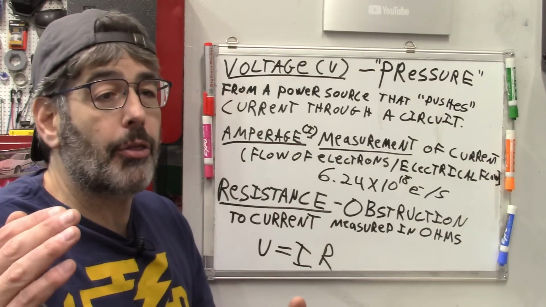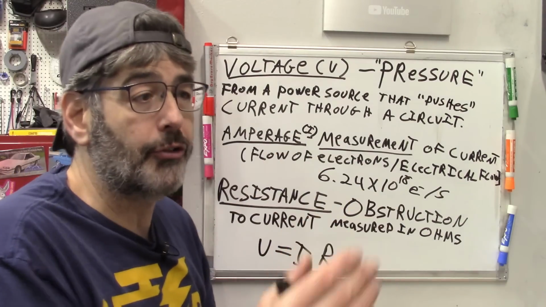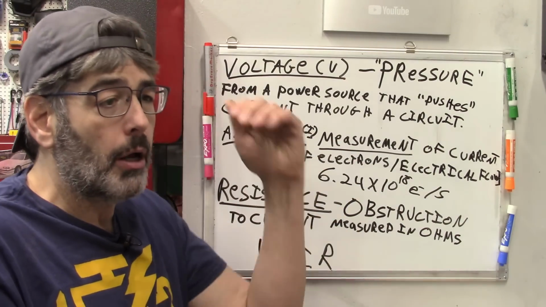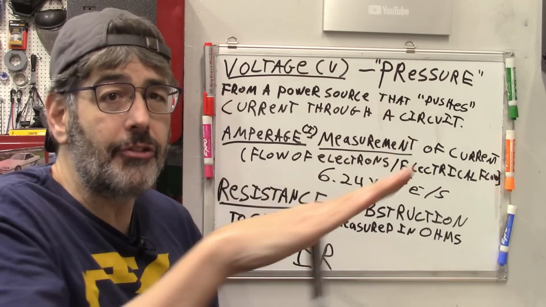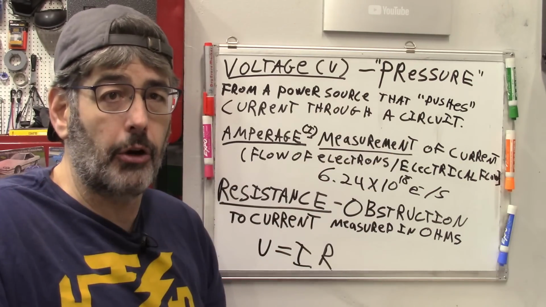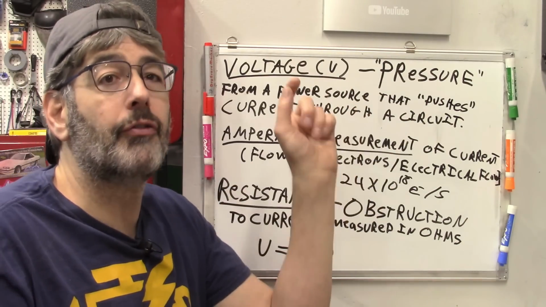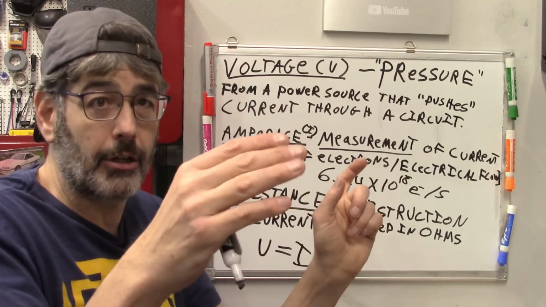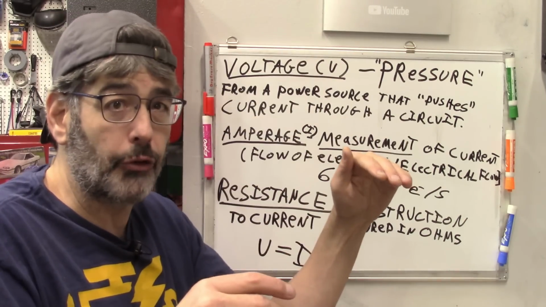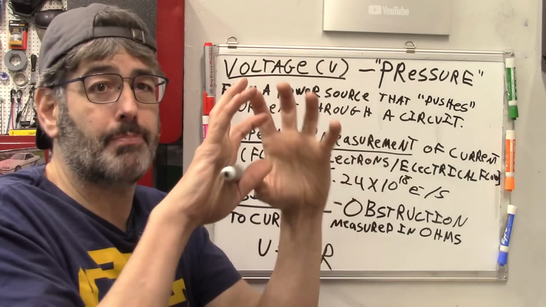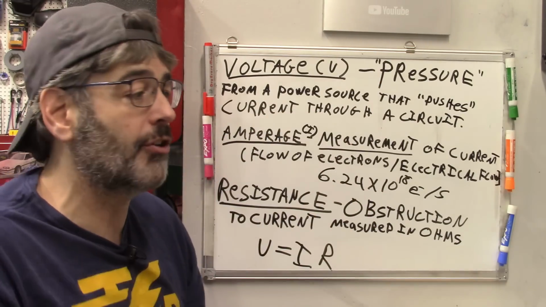The higher the resistance, the higher the voltage. The more flow that you have, the easier that the electricity flows through, the less voltage you would have. Higher current, less voltage, because you've got less pressure built up, you've got easier flow.